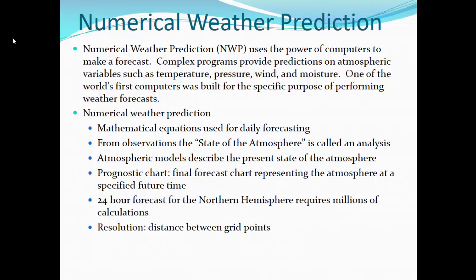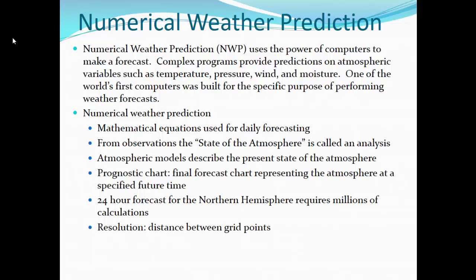Now, just a 24-hour forecast for the Northern Hemisphere requires millions of calculations, and that is why the power of numerical weather prediction did not come into its infancy until the first computers were built, because without a way to do those computations, we couldn't have these weather forecasts.